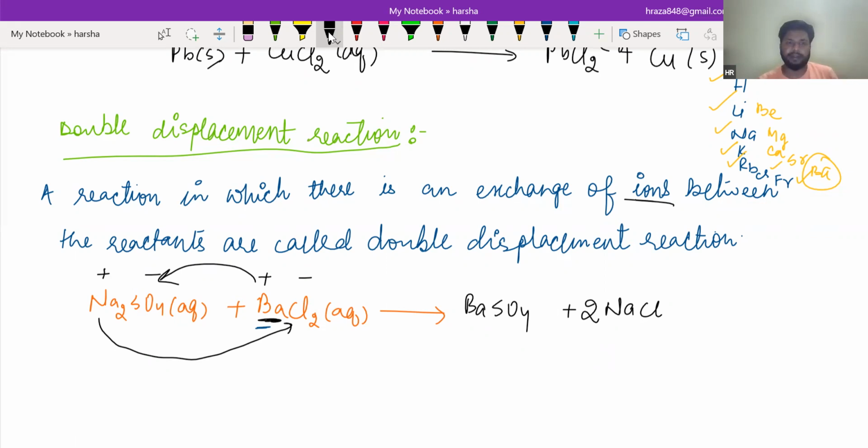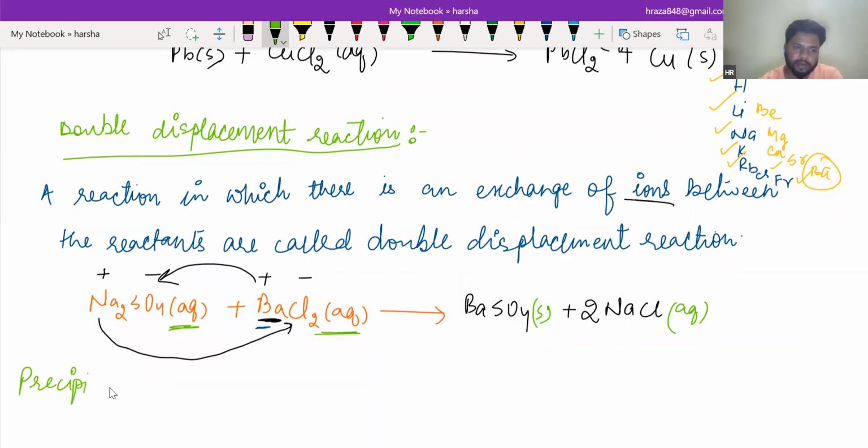Another important point is that this is aqueous, this is aqueous, but when barium sulfate is formed, it is in solid state, and NaCl is in aqueous solution. So another important term introduced here is precipitate.